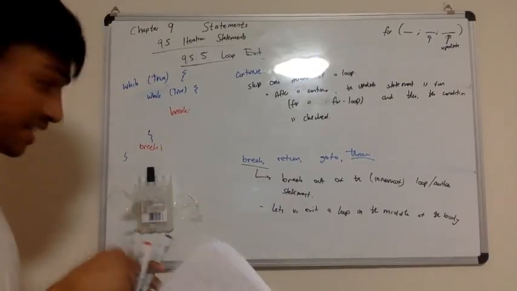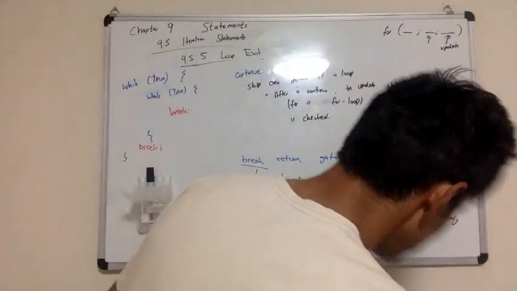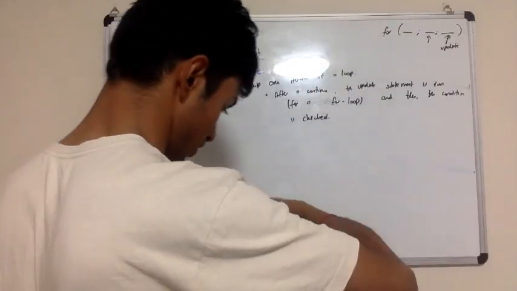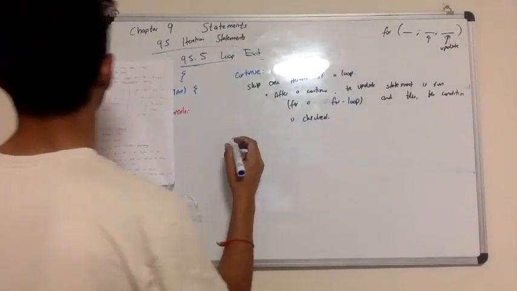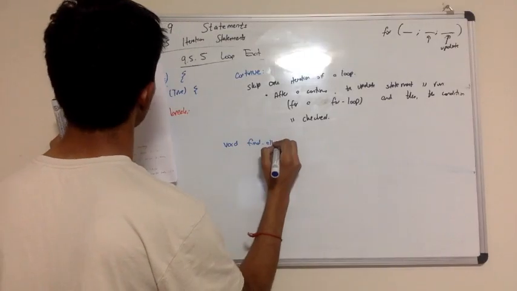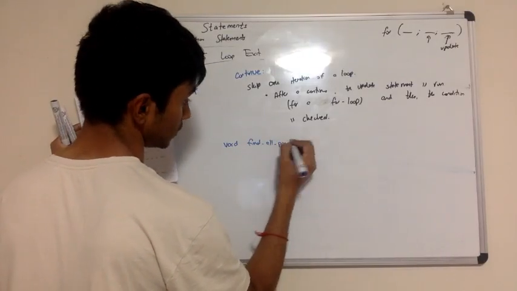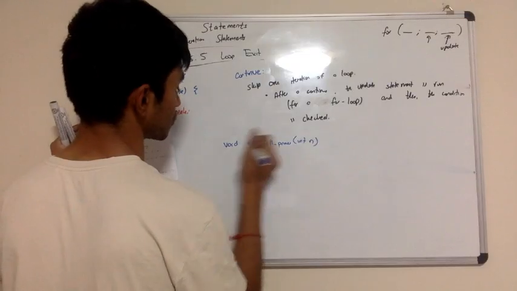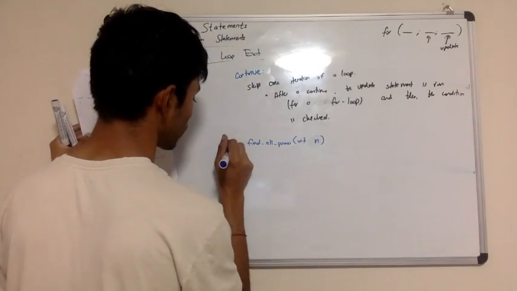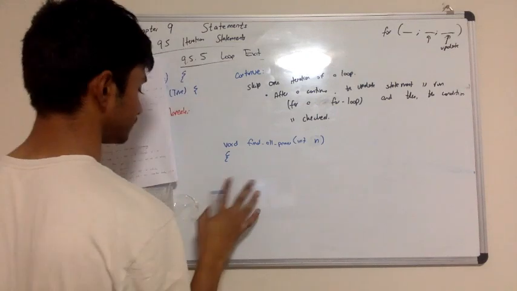So, super concrete example. Imagine we have something like void find all primes, given an integer n. So the idea is we're going to go from 2 up to n inclusive, and we're going to check all the values that are primes.